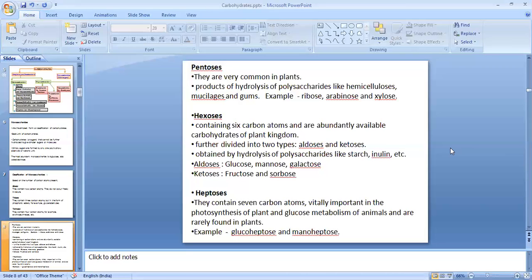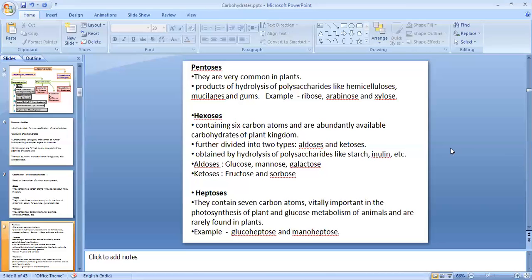These hexoses are further divided into 2 categories based on the functional group present: aldoses, which contain an aldehyde, and ketoses, which contain a ketone. Examples of aldoses are glucose, mannose, and galactose, whereas ketose examples are fructose and sorbose. These hexoses are obtained by hydrolysis of polysaccharides like starch, inulin, etc.